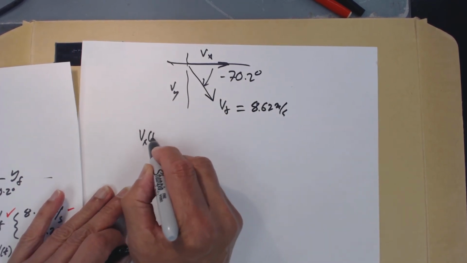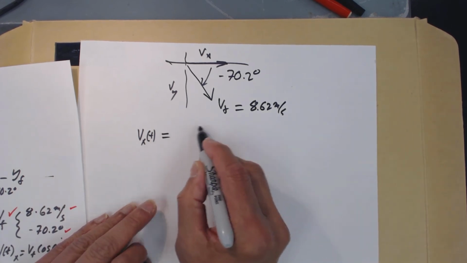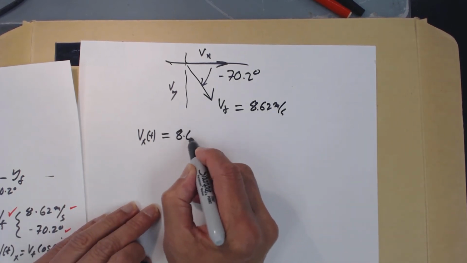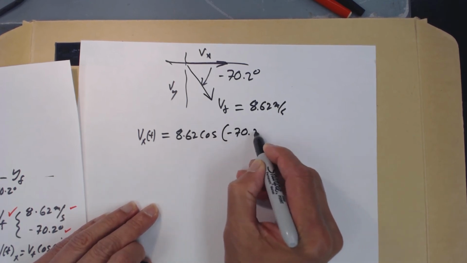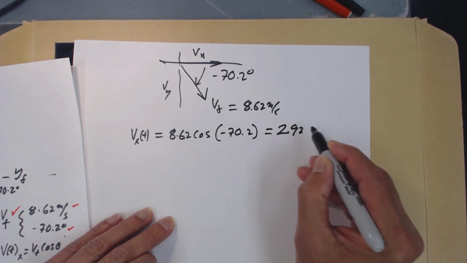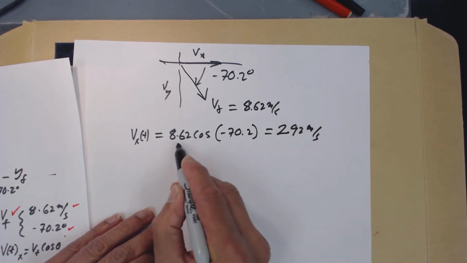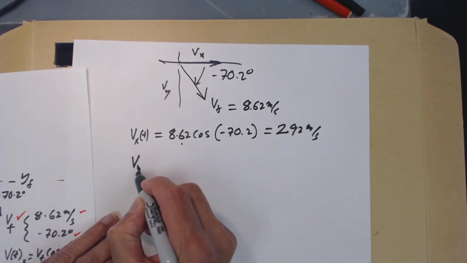Vx at final time equals magnitude, 8.62, times cosine of minus 70.2. This comes out to be 2.92 meters per second. Why meters per second? Because this quantity is meters per second. What about Vy final?